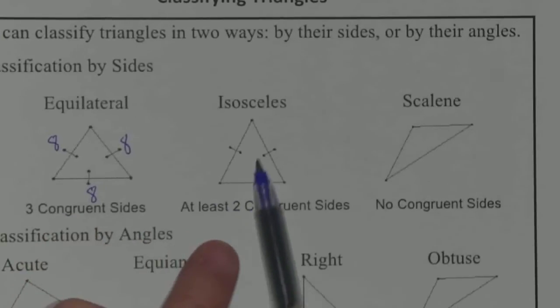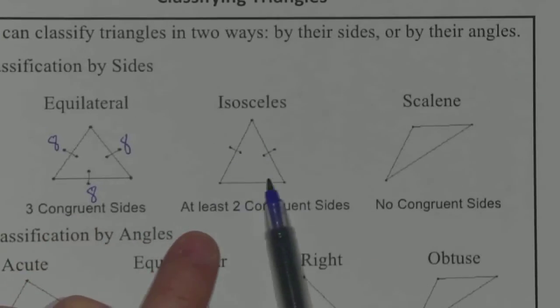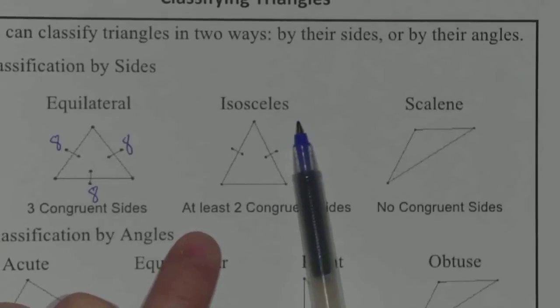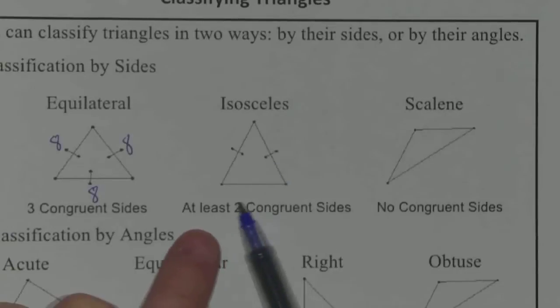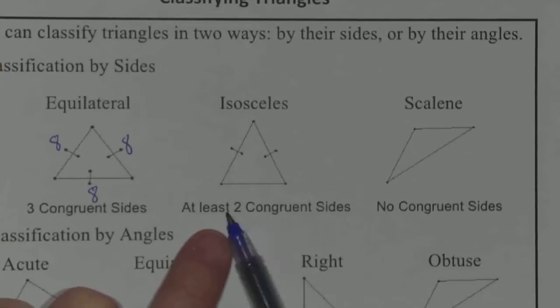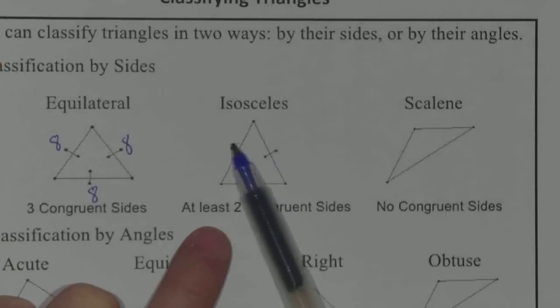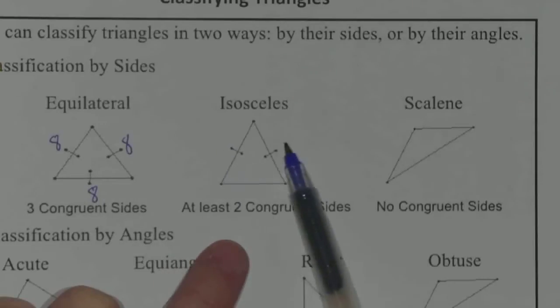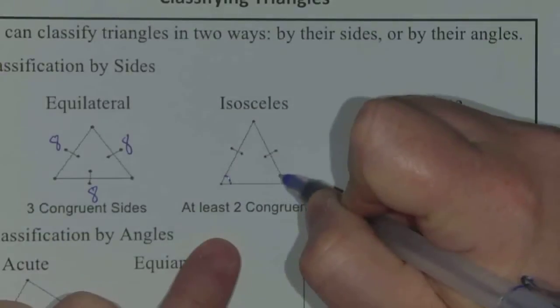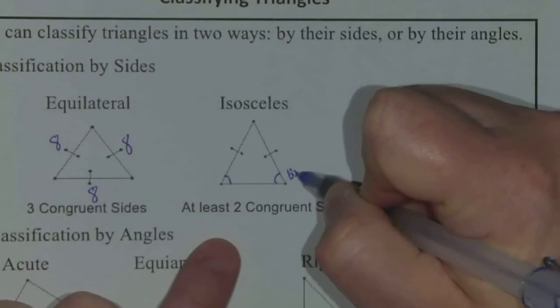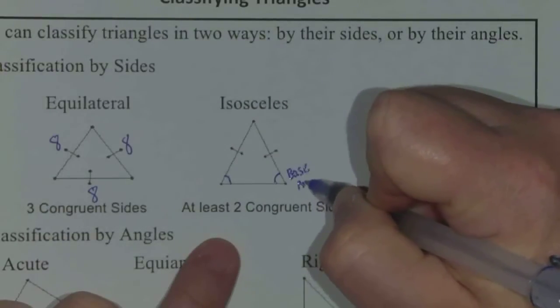The second way we classify a triangle by its sides is called isosceles, an isosceles triangle. Hey, you were right, Will. Yeah, an isosceles triangle has two congruent sides. So here and here. These sides are usually called legs, and the angles that are formed at the legs would be called base angles.